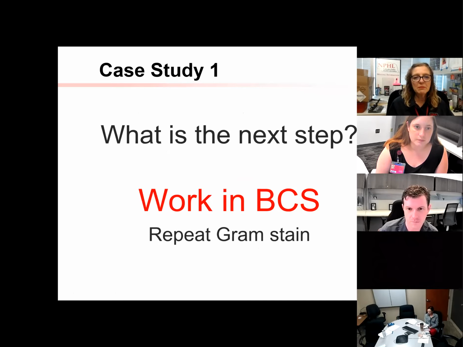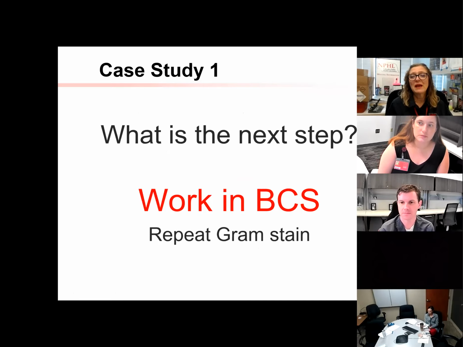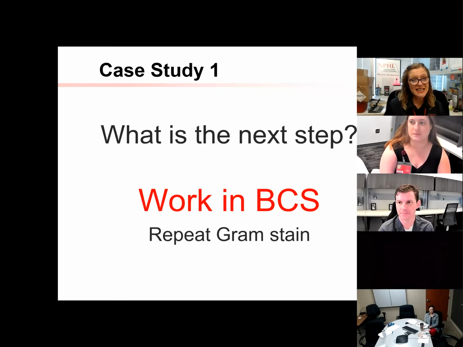So what's your next step? Obviously, if you see any of those, just looking through the plate, or if you accidentally open it up and don't recognize it until you've started manipulating the plate, whenever you get the first hint that it might be Bacillus anthracis, just take your work and go into the biosafety cabinet.